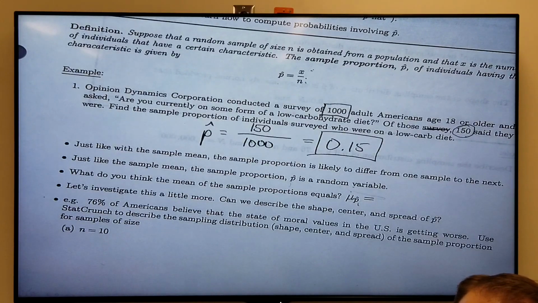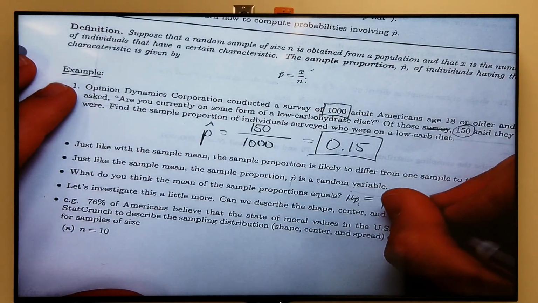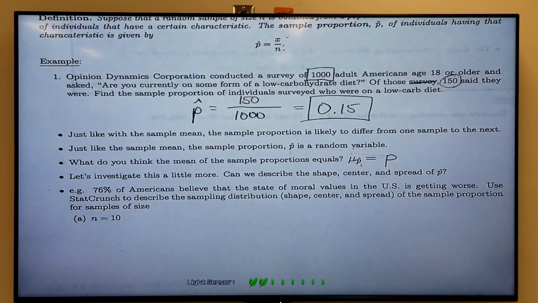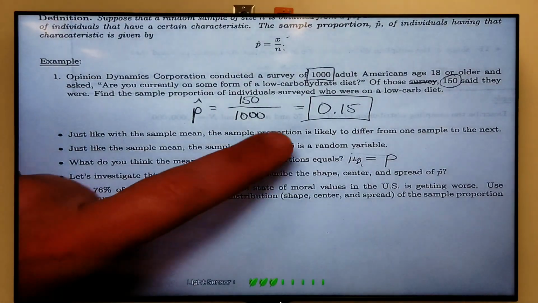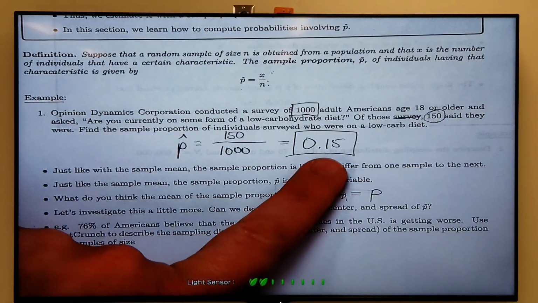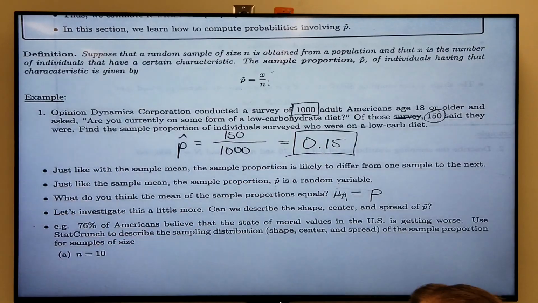If you take a bunch of samples, compute the sample proportions, and then take the average of those sample proportions, what you're going to end up with is the population proportion. Think about it. Let's say the true population proportion in this case is really 16%. In our particular sample here, we were a little less than average.